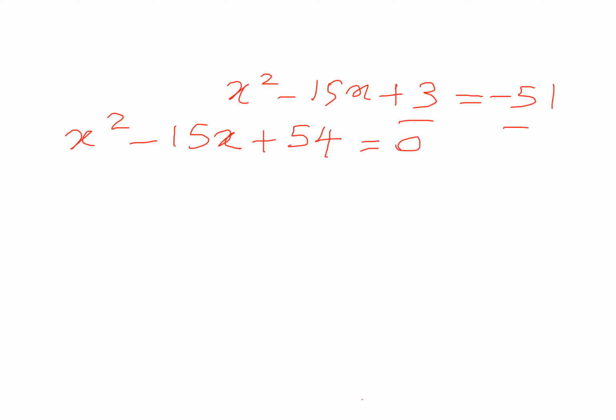Now you can check whether this equation has factors or not. How can we do that? Because here the coefficient of the x squared term is 1, you want to check what the factors of 54 are.